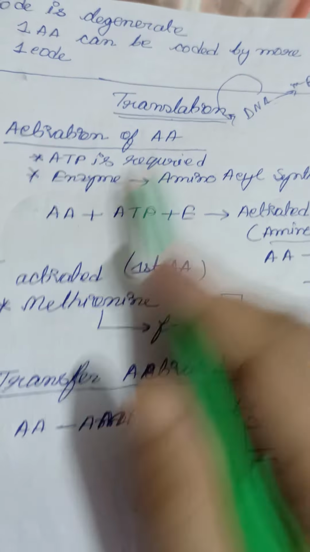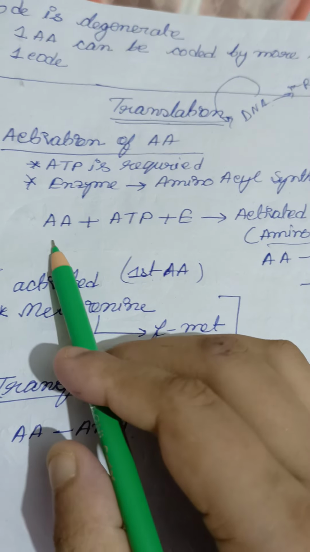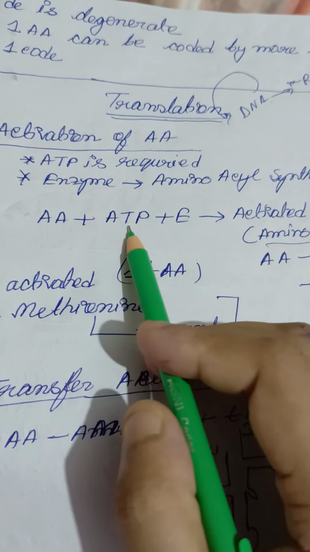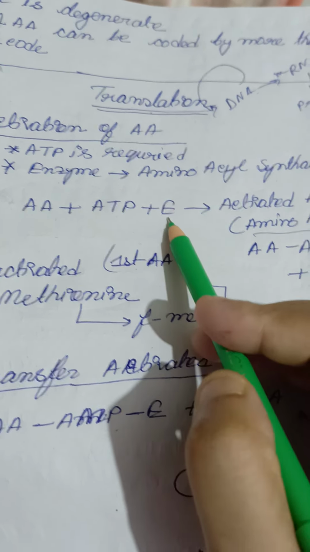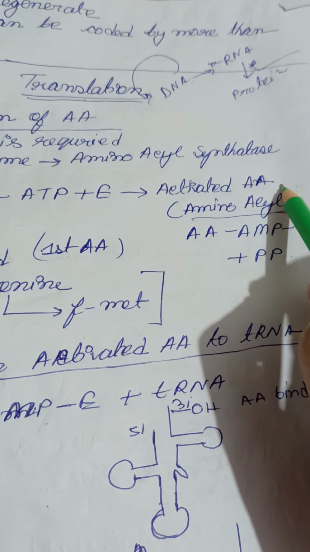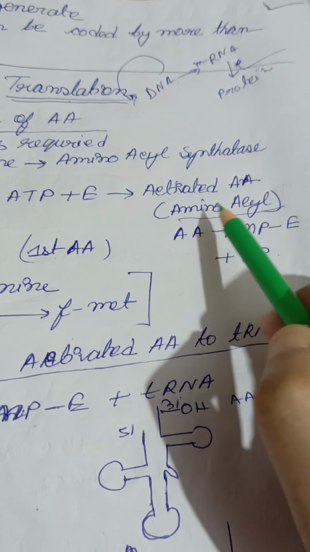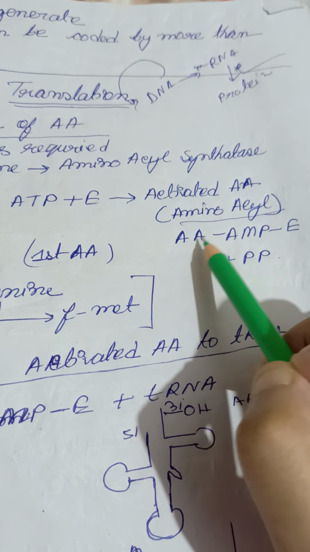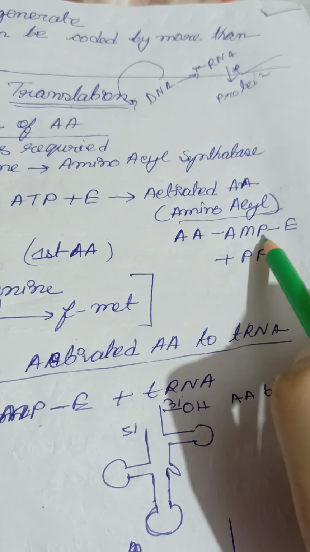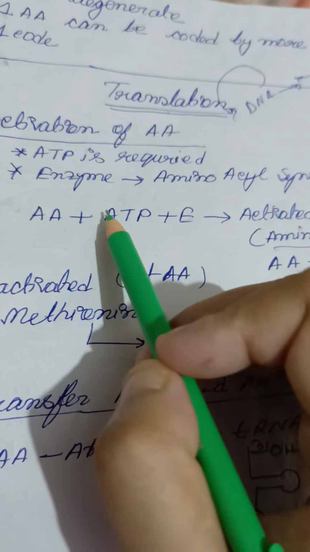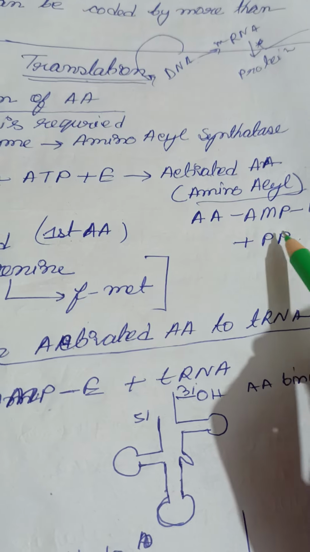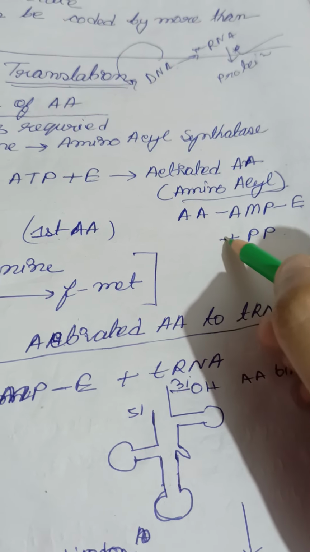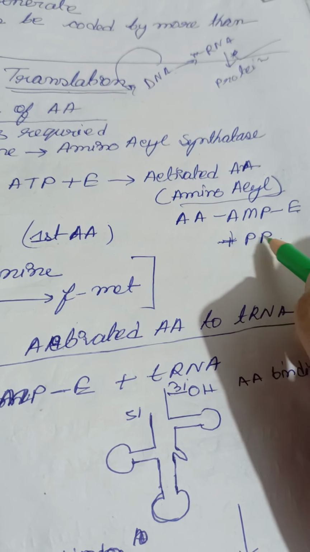So first the amino acid, any amino acid that is in inactive form, takes ATP and this enzyme and forms an activated amino acid. This activated amino acid is called amino acyl. So this is in the form of AMP with the enzyme. This is adenosine triphosphate, here adenosine monophosphate. So they lose 2 phosphates. That's why we have written this with plus 2 phosphate.